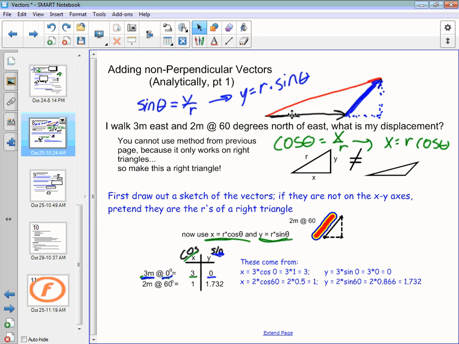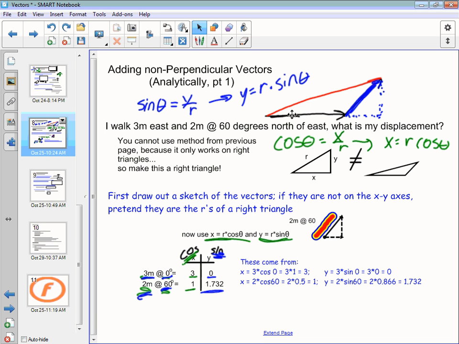But this one, you're more likely to need it. 2 cos 60, enter. 1. And then 2 sine 60, enter. 1.732. And it says that all up on here, just in case.